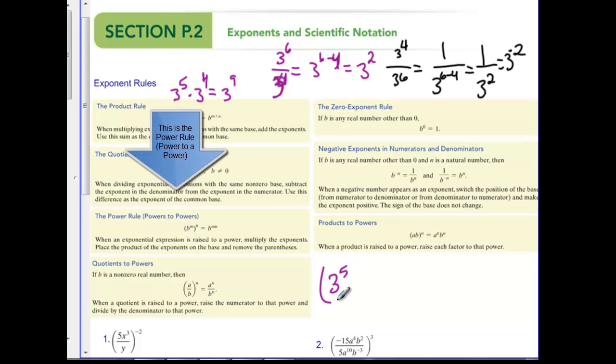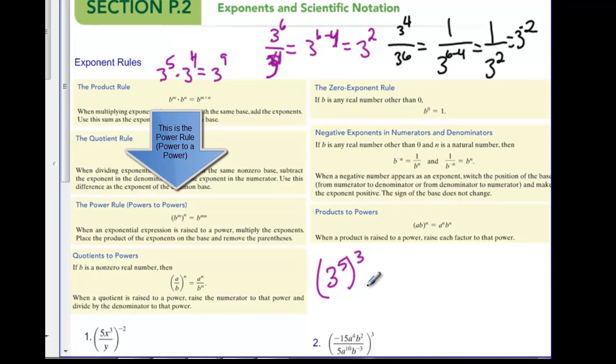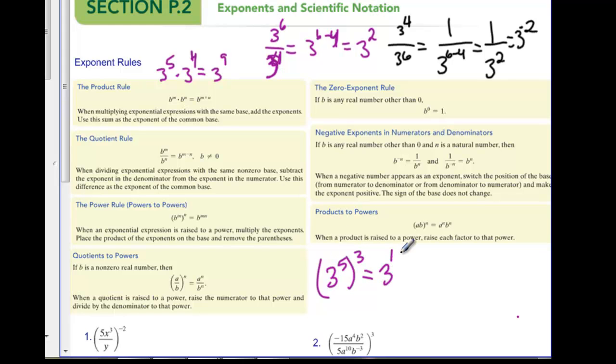And then also when you multiply your exponents, so if you have something like 3 to the 5th cubed, so a power to a power. Whenever I was in school, it was called nesting. I don't think it's been called that for a long time. But the power to a power, whenever you multiply these, you're going to get 3 to the 15. Because what this is saying is 3 to the 5th times 3 to the 5th times 3 to the 5th.